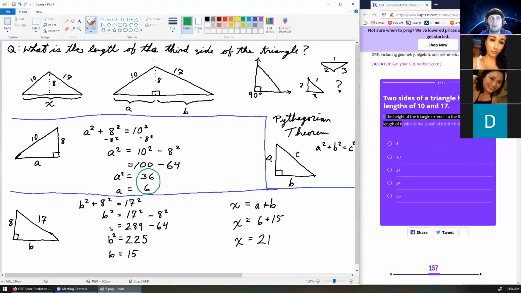Same with this. Oh, 225, that's big. But it actually just turns out to be 15. That's not on accident. That's how those questions were designed. They're designed to come out and look nice and elegant if you're doing the math correctly. So that's kind of a hint.